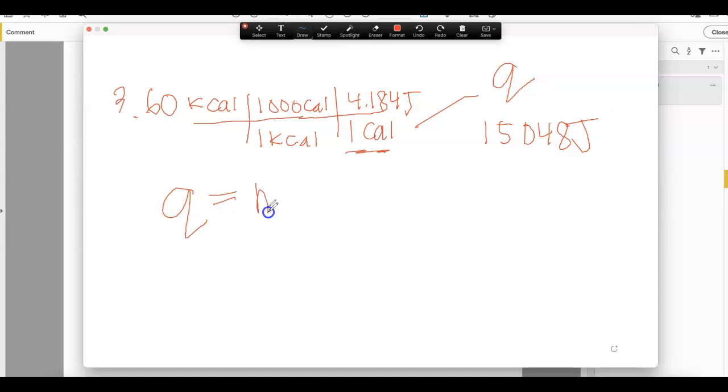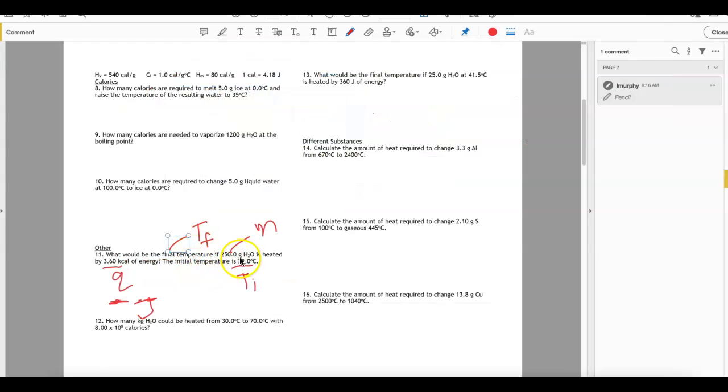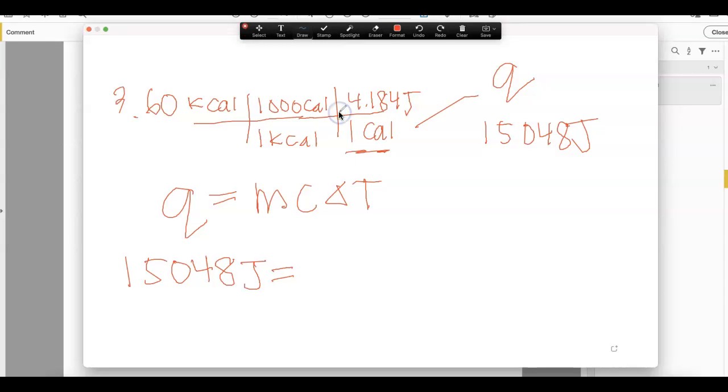Q equals mcΔT. So Q is right here, 15,048 joules equals, do I have mass? Yes, I do. It is 250 grams. So Q, mass, you can look up the specific heat of water.